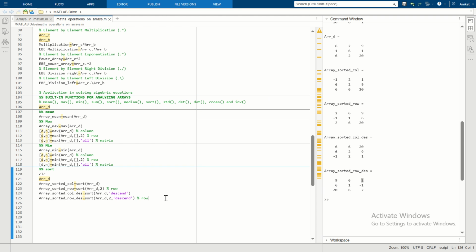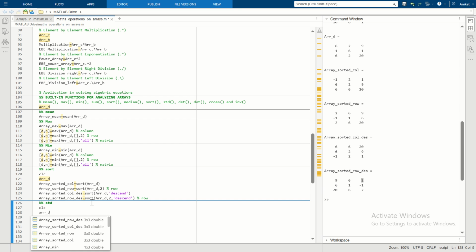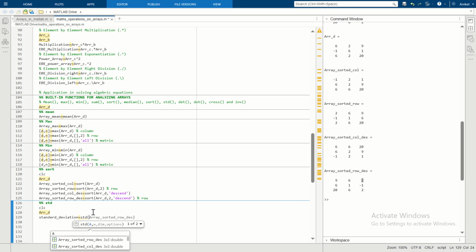So determinant. We perform a standard deviation first, STD. CLC. ARRD underscore D, that's array D. Then we want to use standard deviation equal to STD, standard deviation of ARRD.